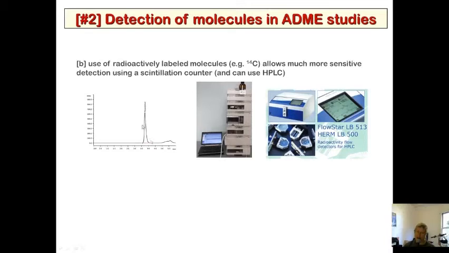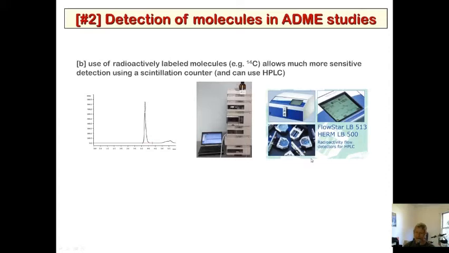This kind of solves the background problem also, because most of the molecules in your body are not radioactive, but your compound of interest, if it's labeled properly, would be radioactive. And then you basically solve the background problem that I was discussing. Hopefully that makes sense. This is one of the tricks you can use.